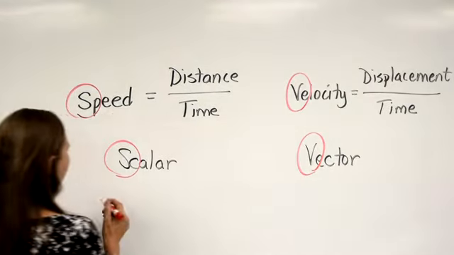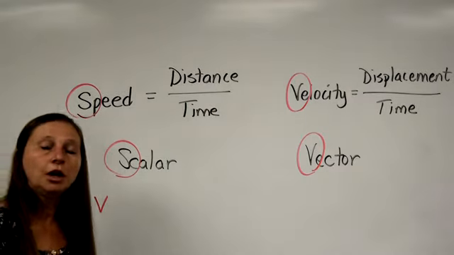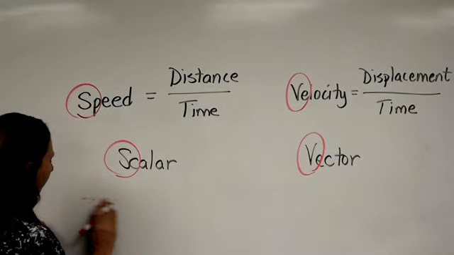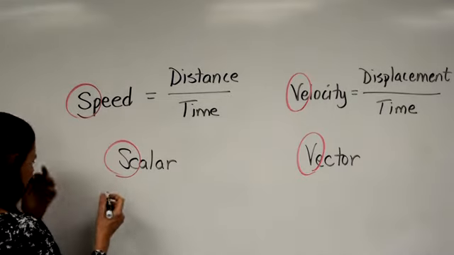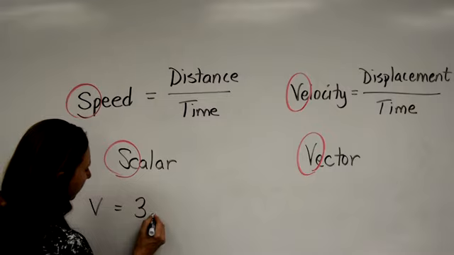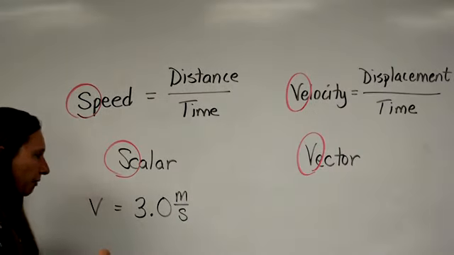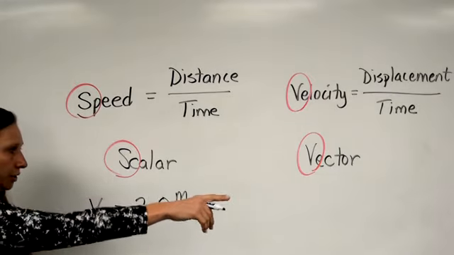And by the way, speed and velocity also use the same symbol, v. So my speed would be 3 meters per second. v is 3.0 meters per second.